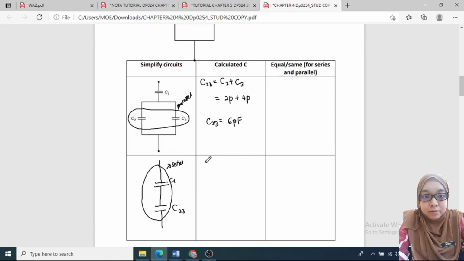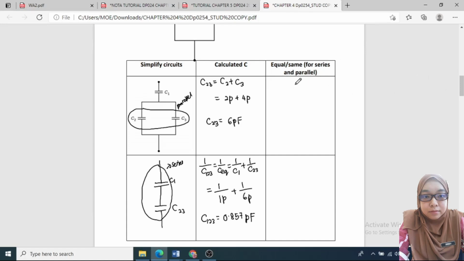When it is in series, 1 over C123, which is 1 over C equivalent, equal to 1 over C1 plus 1 over C23. So equal to 1 over C1, C1 equal to 1 pico, plus 1 over C23 is 6 pico. From the calculator, we got C123 is equal to 0.857 picofarad.